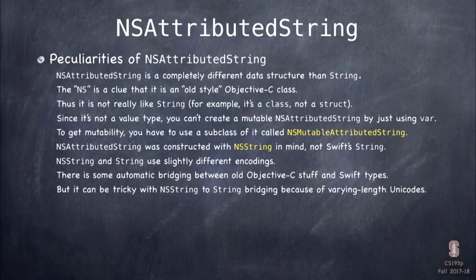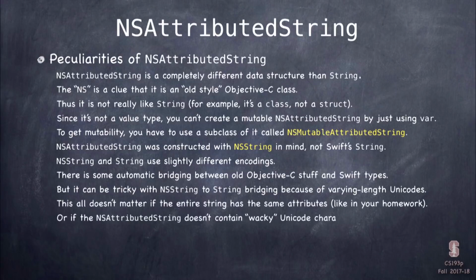So if you have any iOS API that takes an NSString as an argument, you can just pass a String. It just automatically works, except that this little encoding doesn't always get fixed up quite right. So the bottom line here is if you are going to be trying to index into an NSAttributedString and you have wacky characters like emoji or café, the indexes might not line up very well.